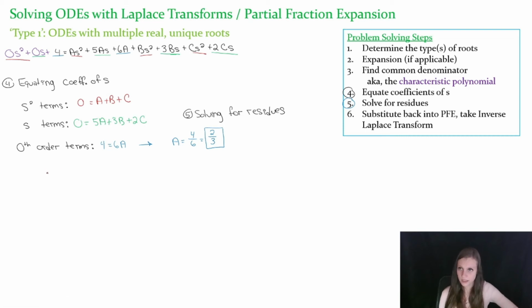So for my s squared terms, I can get 0 equals 2/3 plus b plus c. And at this point, I can go ahead and solve this equation for b. So I get negative 2/3 minus c equals b.